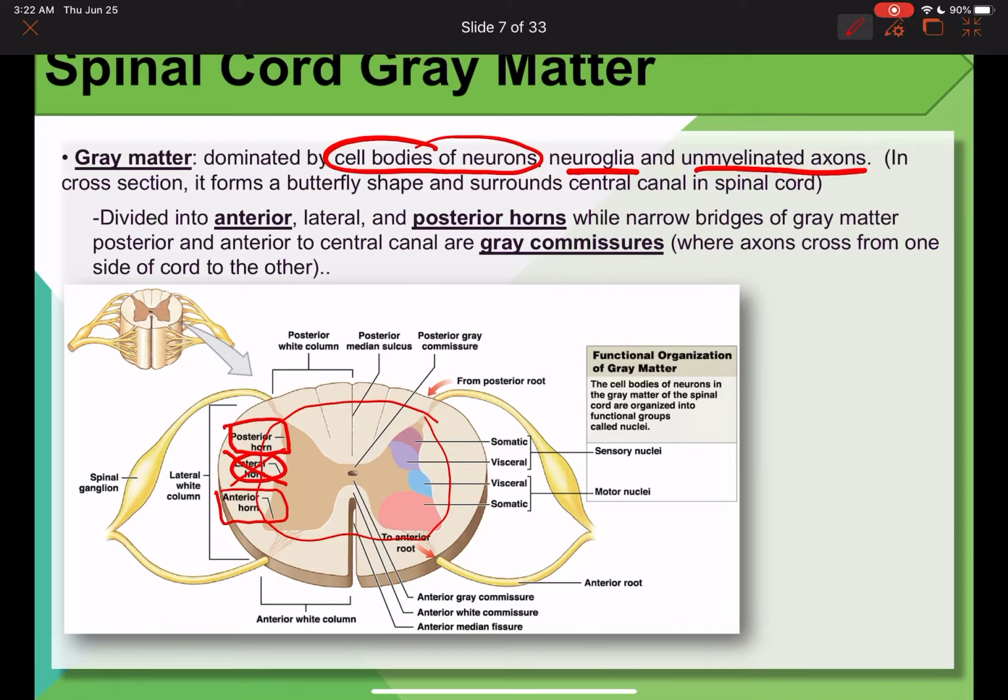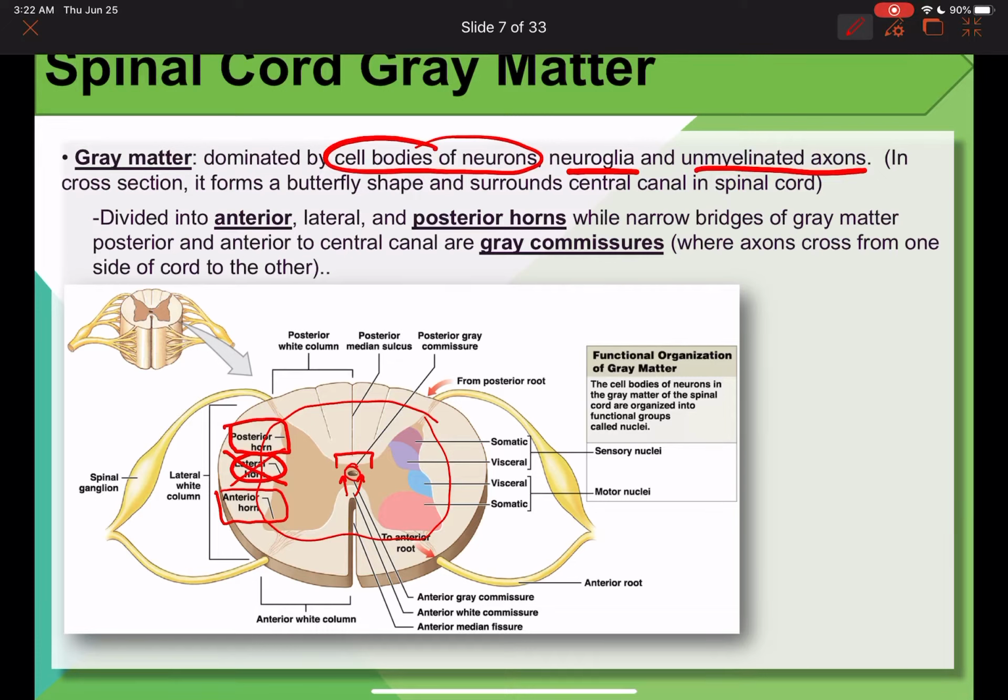Now these 2 areas of gray matter come together toward the center, which I would call the 2 parts of the butterfly wing. They merge and come towards the center in this region here called the gray commissure. So this region right here, this gray matter that surrounds the central canal of the spinal cord, is known as the gray commissure.